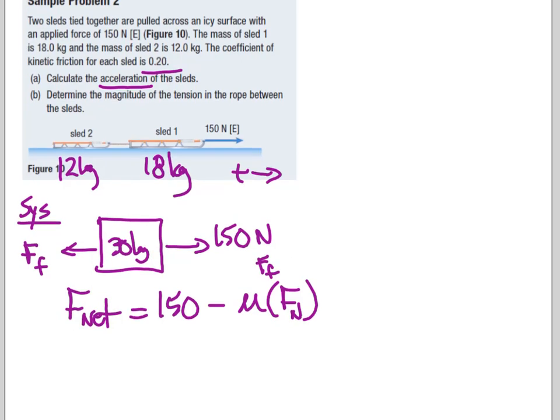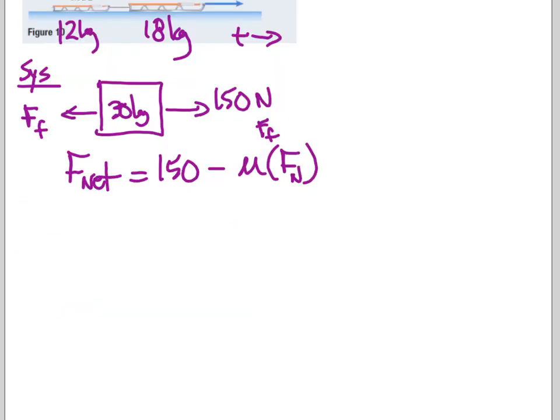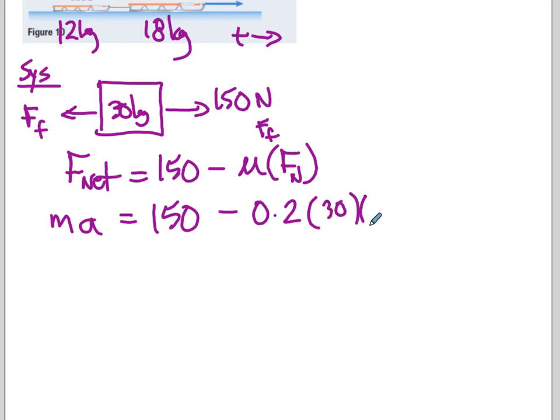So let's slide down a little bit and give some more room. So now I have mass times acceleration, 150 minus, this was 0.2. The mass of this object is 30, and gravity is 9.8.